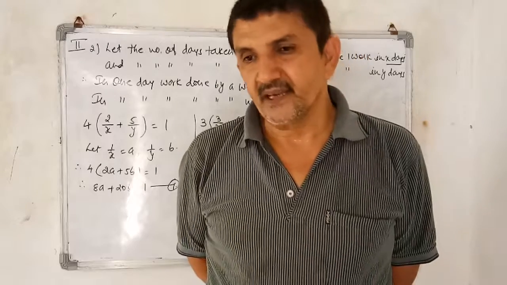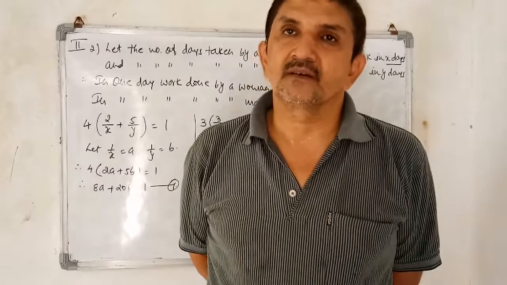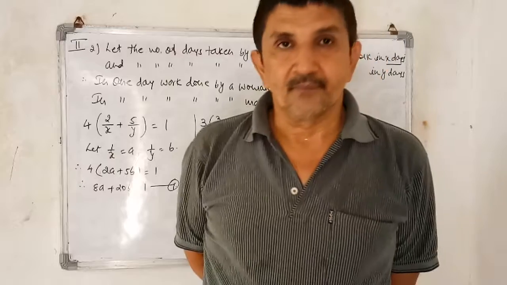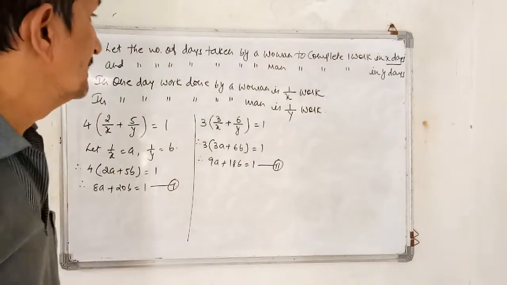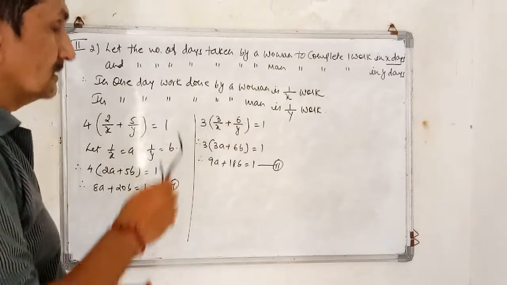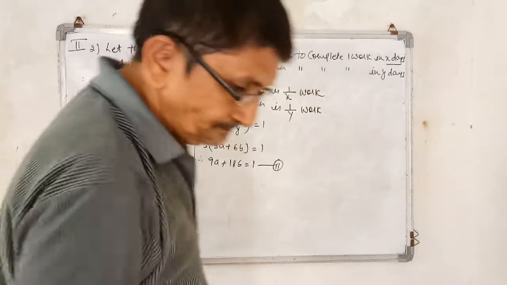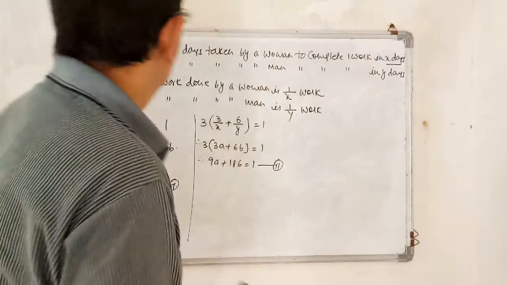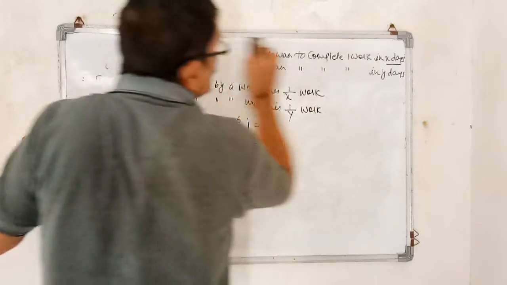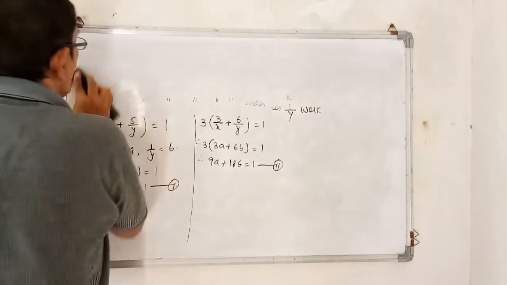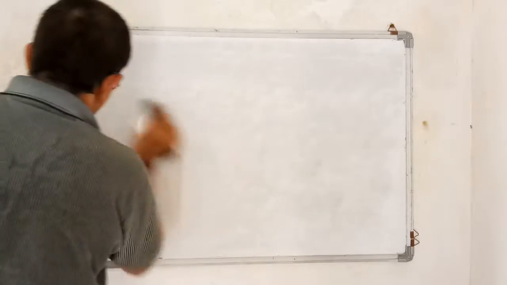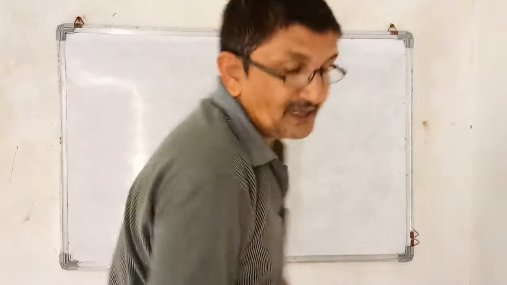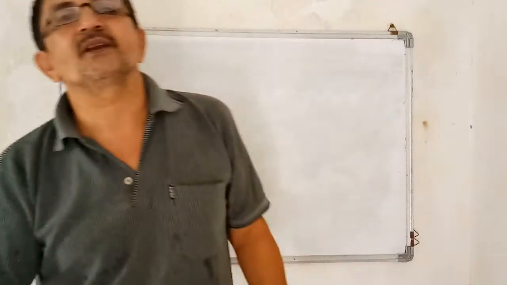After completing the exercise you have to start the examples. So here we are finishing our work of this chapter. Now we will move to the next chapter, the fourth one, which is similar to this one, or we can say whatever the problems of this chapter can be solved by the quadratic equation also.